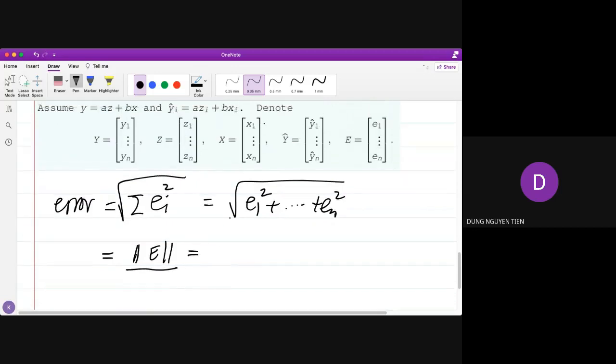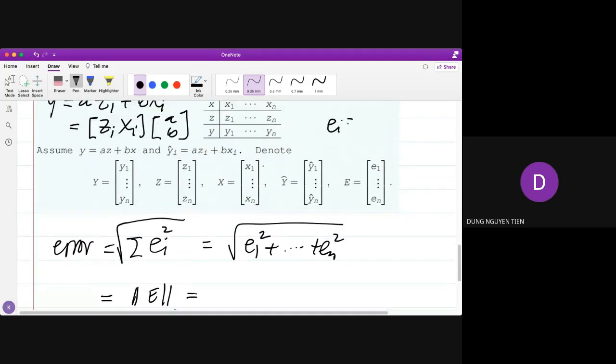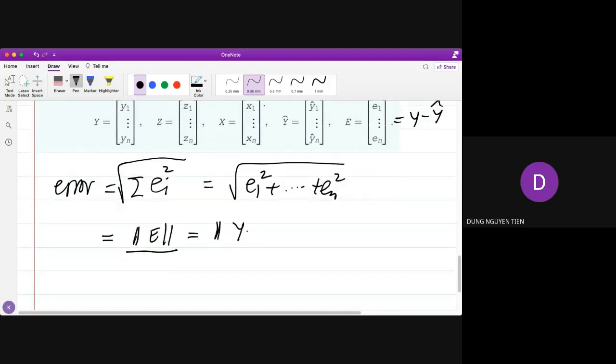And what is e, by the way? ei is yi minus yi hat. Therefore, e is simply y minus y hat. Do you understand that?